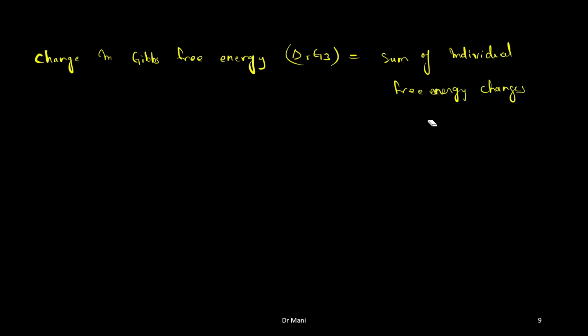Or you can say m delta rG1 plus n delta rG2. Let me write m, n. Understood? This is the total delta rG3 you see. So delta rG3 is equal to m delta rG1 plus n delta rG2.